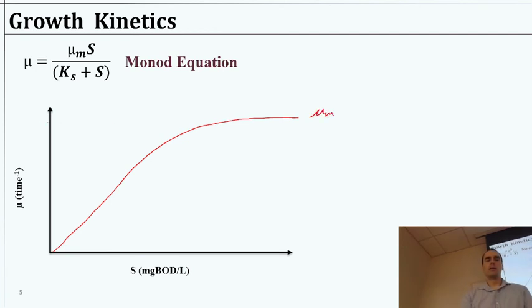So at some point, you're at a maximum, you'll reach that asymptote. That'll be our mu max. And so then if we just say, okay, well, halfway point between this and 0 would be something like here. So we could say that's 1/2 mu max.